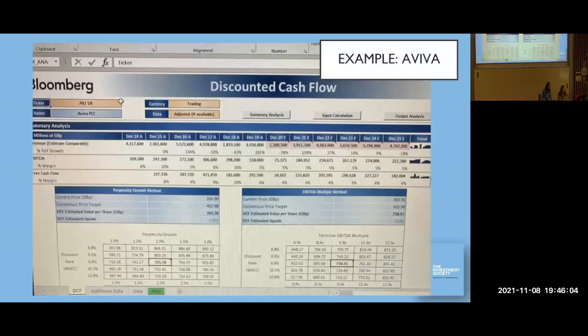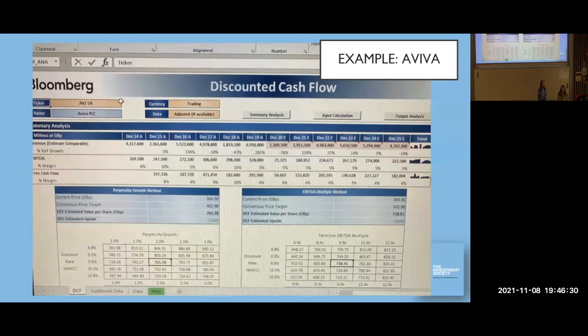So as an example, the Bloomberg Terminal has a discounted cash flow analysis tool, which is great because you don't have to do it yourself. It means that you can find out what the potential upside is in a matter of seconds rather than having to do it all yourself.